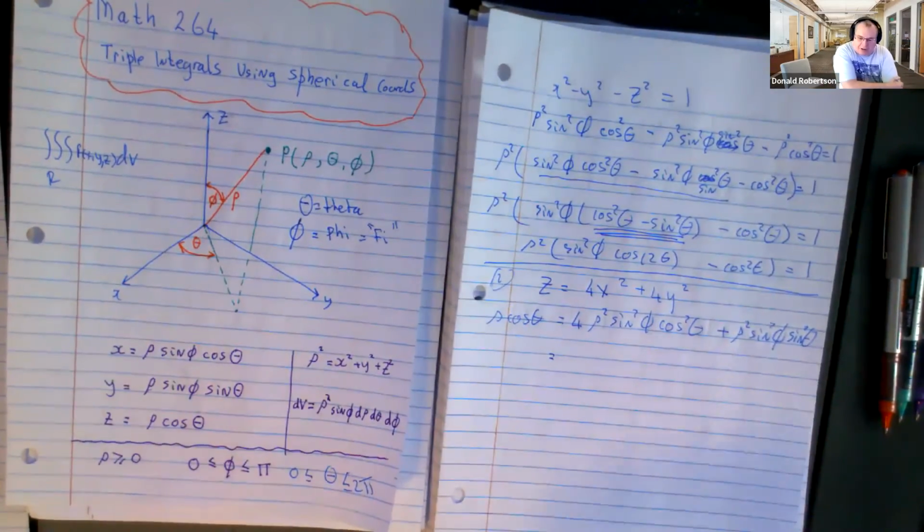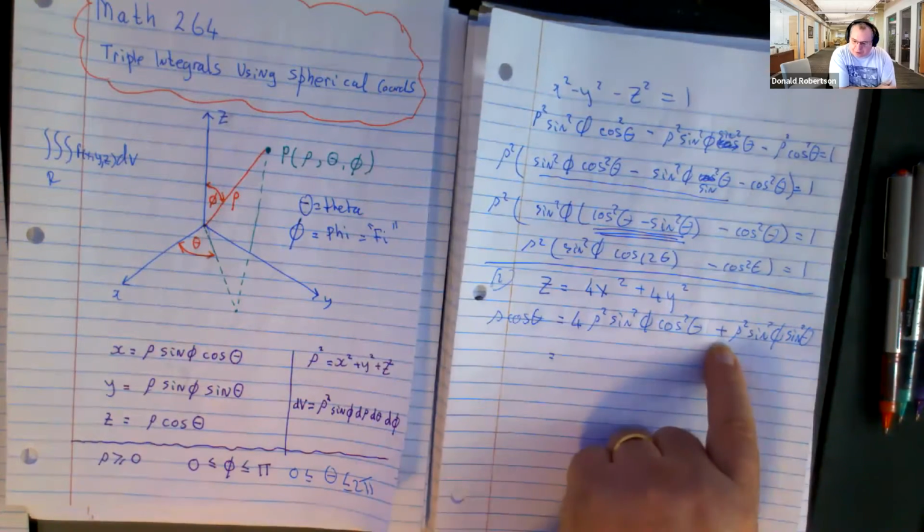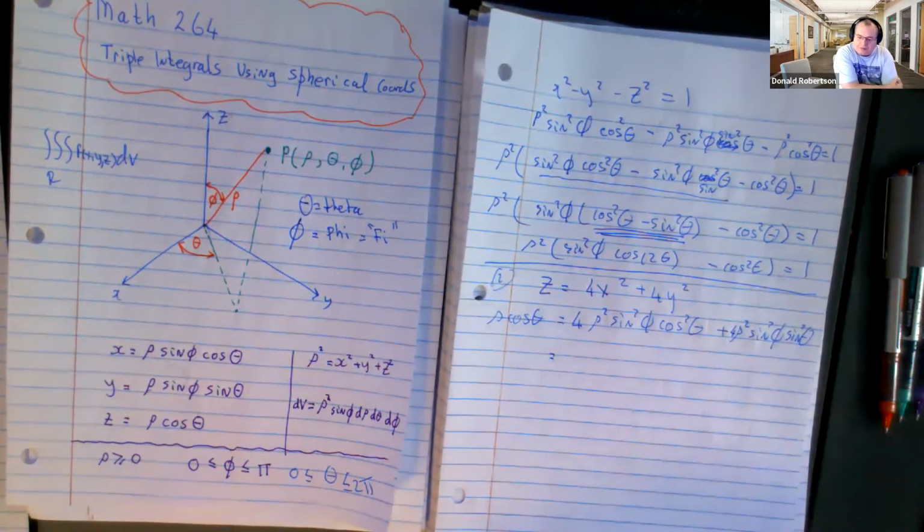Okay, that's where we are right now. That's Z, that's 4x squared plus that's 4y squared. Right hand side.